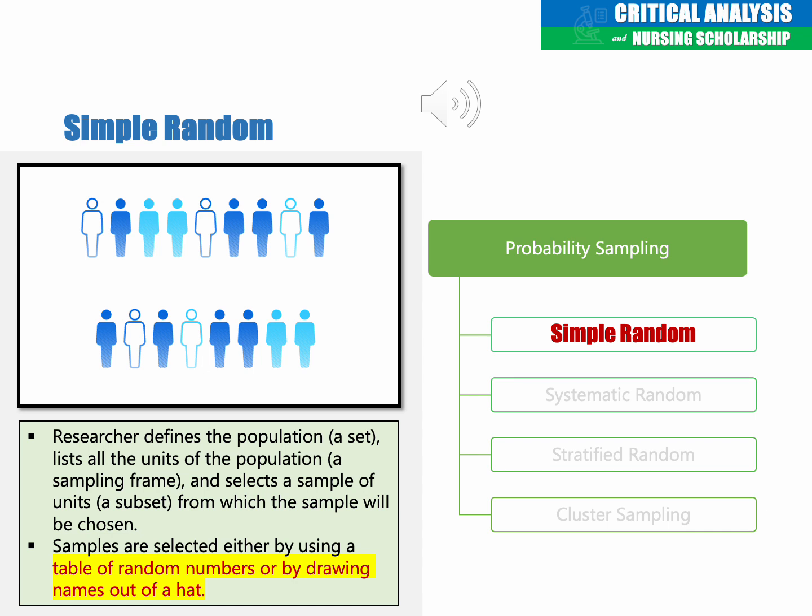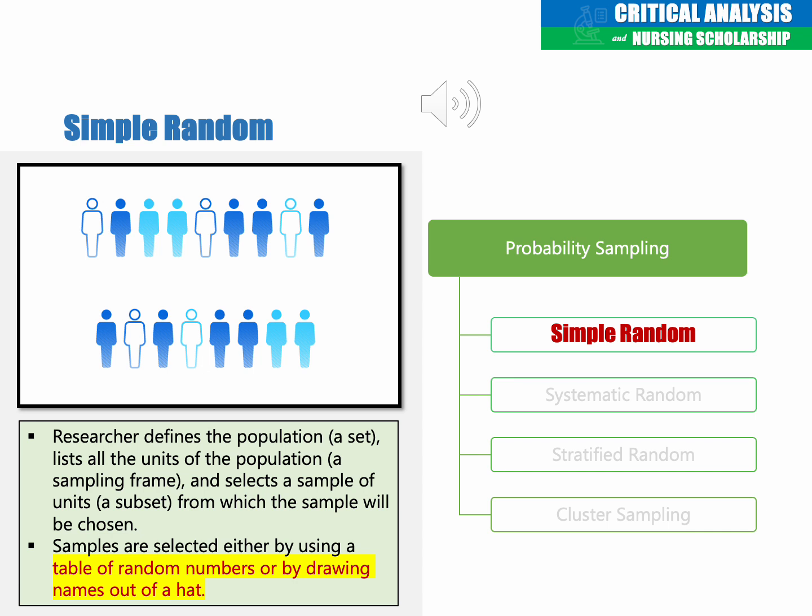Now, here's how it works. Just like what we discussed earlier, here you need to define your population and you need to set your inclusion and exclusion criteria and the number of participants that you wanted to include in your research, or your sample size.